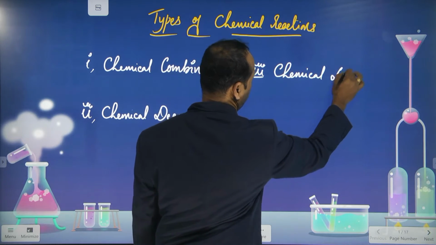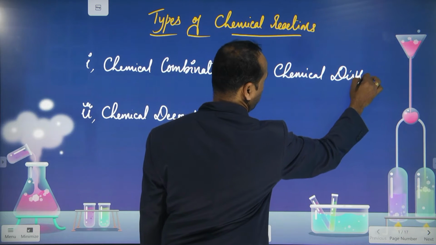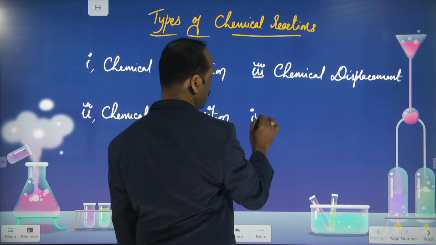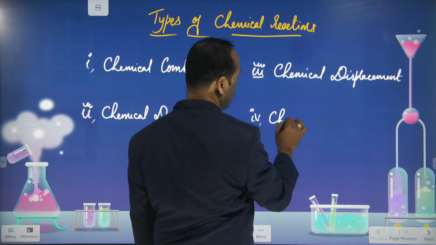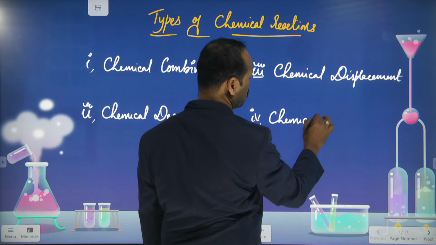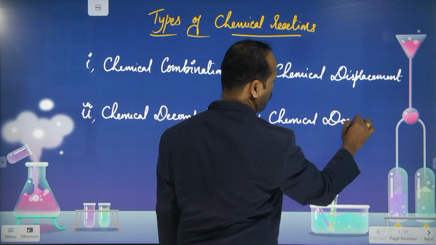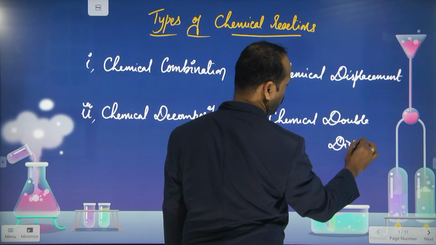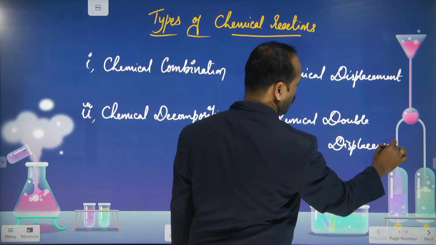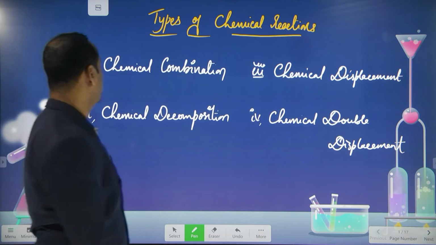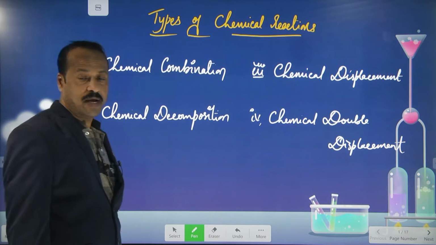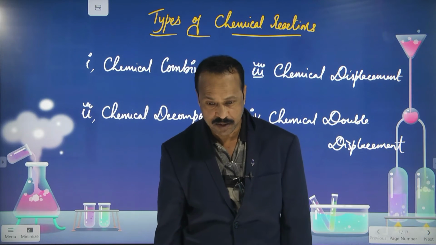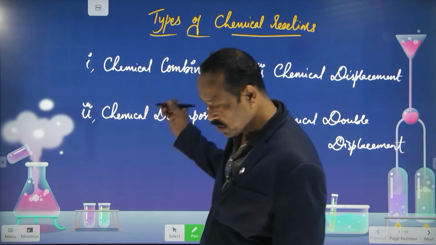And fourth one is chemical double displacement. So these are the four types of reactions: chemical combination, chemical decomposition, chemical displacement, chemical double displacement. Okay, note down this one.